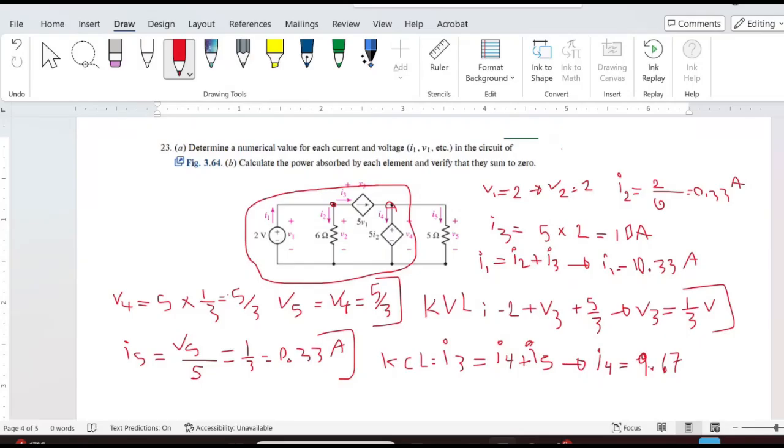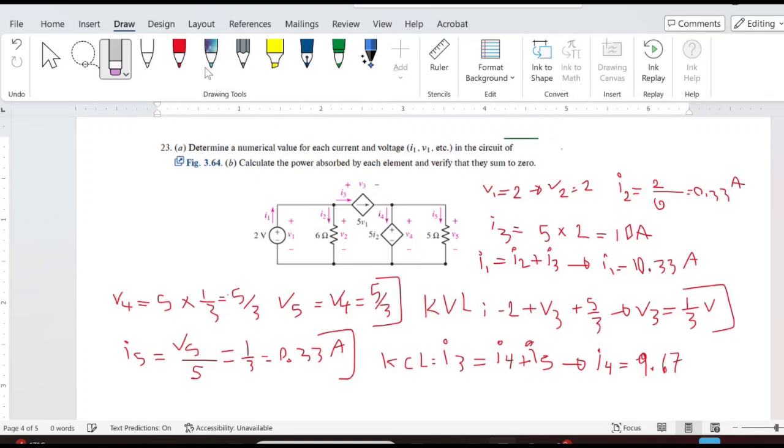All right, perfect. In part B, we have been asked to calculate and verify that the sum of the power is going to be 0. So that's what we're going to do next. Let me erase this part. Perfect.